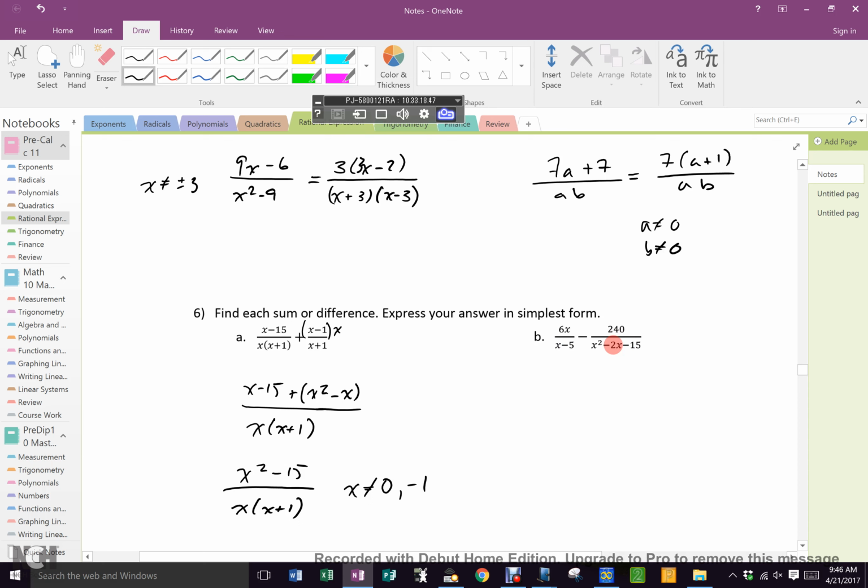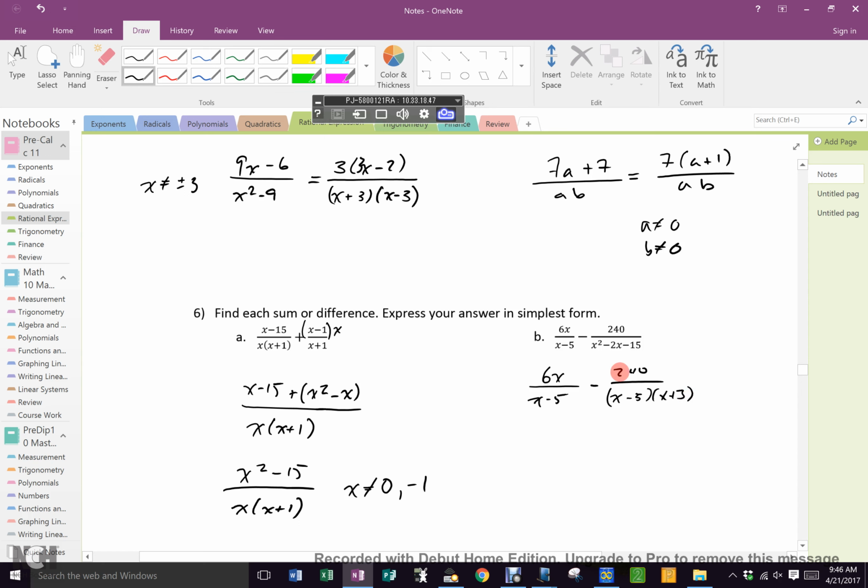What do I need to do here? Factor where? The big denominator. 6x, x minus 5, minus 240 over, what's this factor to? X minus 5, x plus 3, yeah? So there's my common denominator.